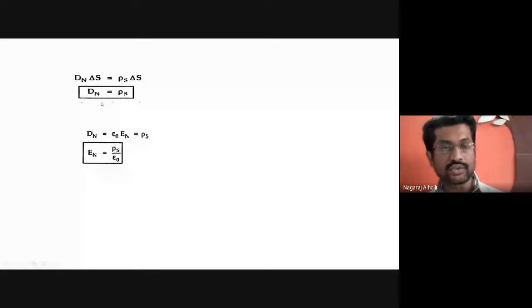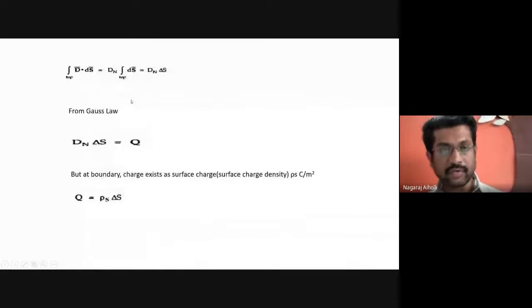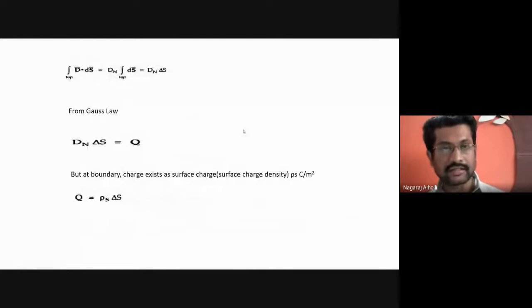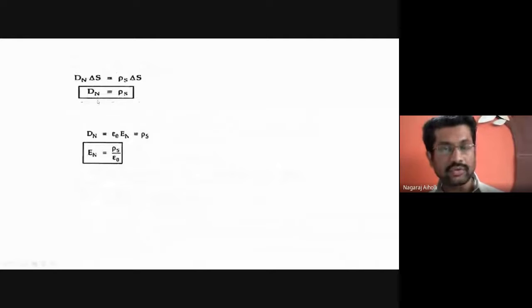Dn is equal to rho s, the boundary condition at the boundary, because electric flux density is equal to surface charge density at the boundary. Dn is 1.992, so rho s will also be 1.992 nano coulomb per meter square.